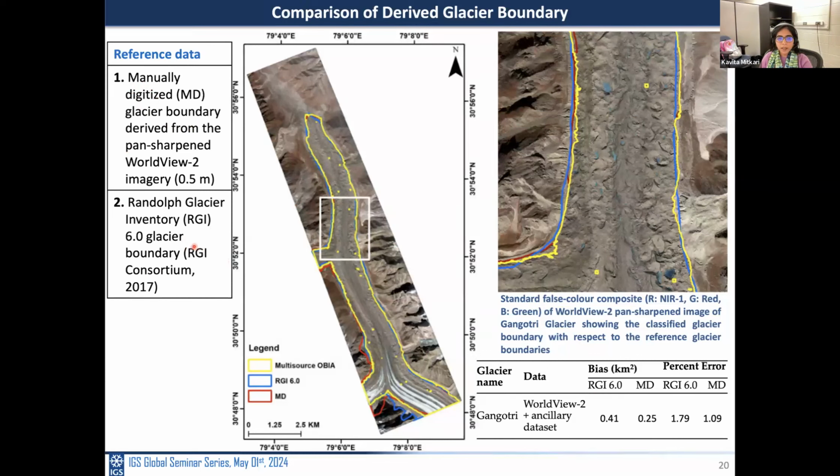I would like to highlight here that the RGI boundary is generated using the medium resolution data sets of Landsat and ASTER, and therefore the results after comparison say that the glacier boundary extracted here matches closely with the manually digitized one, more than the RGI one, because RGI has certain uncertainties since it used medium resolution data, whereas the manually digitized glacier boundary has been created using very high resolution imagery of 0.5 meters.